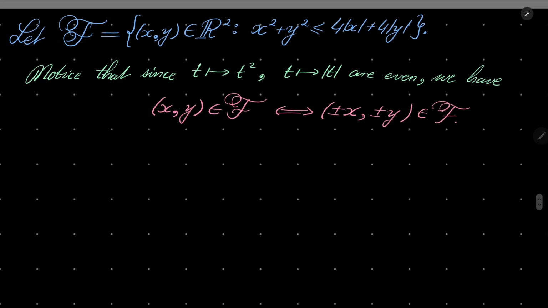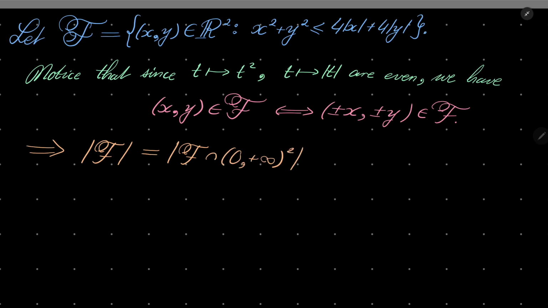And that allows us to say that the area of our figure, which I will denote by vertical bars, is the same as the area of our figure intersected with the first quadrant times 4, because we have 4 quadrants and we have symmetry.